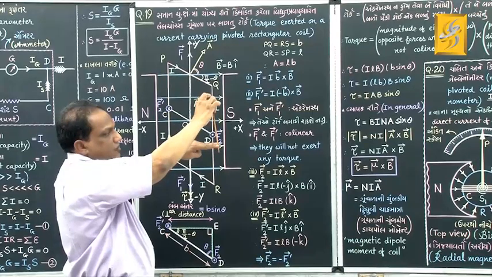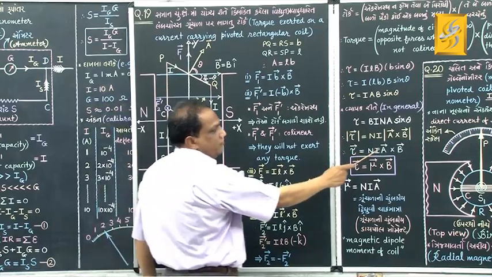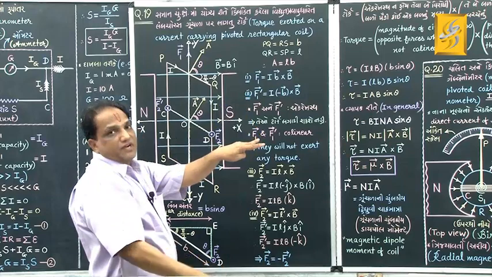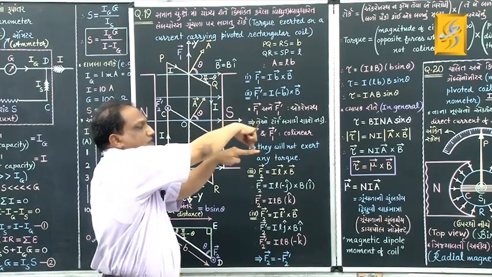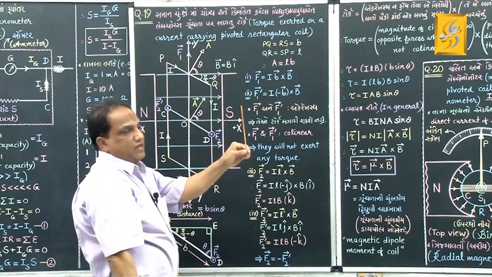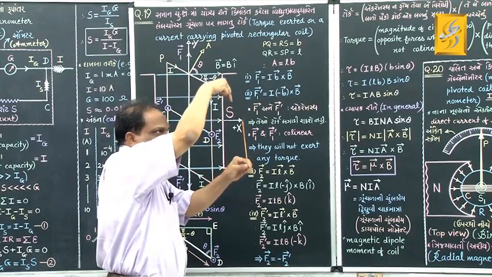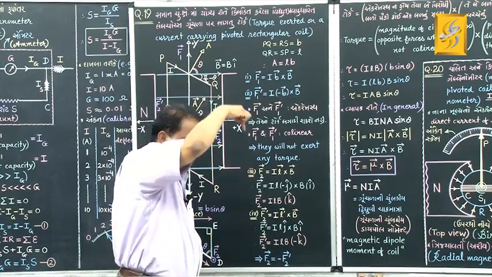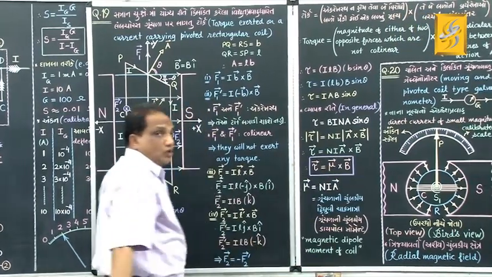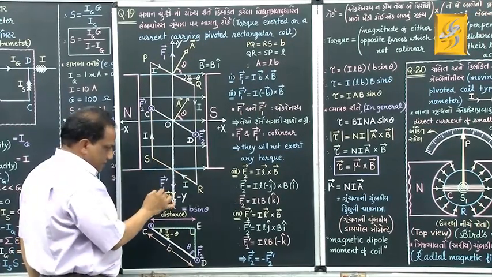You are supposed to rotate this screw such that the first vector rotates towards the second vector. First vector is vector A, second is vector B. If you rotate this right-handed screw in this manner, it will advance vertically downwards. Because it advances vertically downwards, the direction of vector A cross vector B, or the direction of vector tau, is vertically downwards.